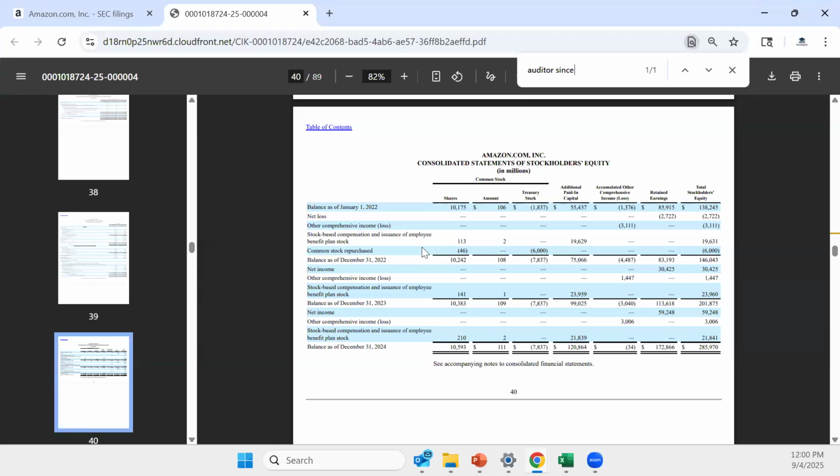They've just been reinvesting the cash in the business. It doesn't look like they have any dividends. This is about as simple as it gets for a statement of equity. They just have their net income, and then they have a minor amount of stock-based compensation.